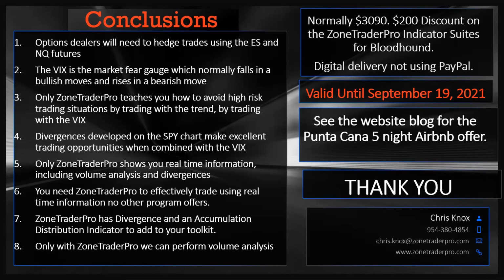It's not based on some overbought, oversold technical indicator that's 60 years old. It's based on what the VIX is doing now. This is how we effectively trade using real-time information that no other program offers. No other program is going to offer the volume analysis, the divergence, the accumulation, distribution, special divergence, and you're just not going to get any of that.